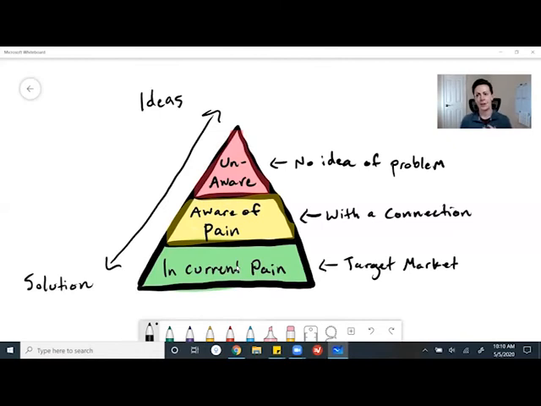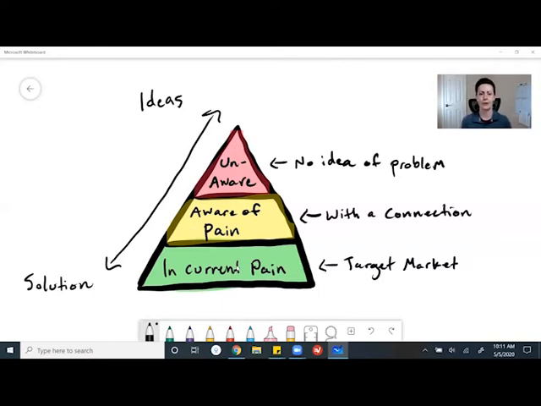Now, when founders have ideas versus solutions, and remember, we're using these terms specific to this context, often they don't have a defined target market. They don't have a defined problem that they're solving. They don't have defined pain points that they're eliminating. So when they start marketing and selling their app, they end up targeting people who have no idea what problem is even being solved, because sometimes there isn't one.